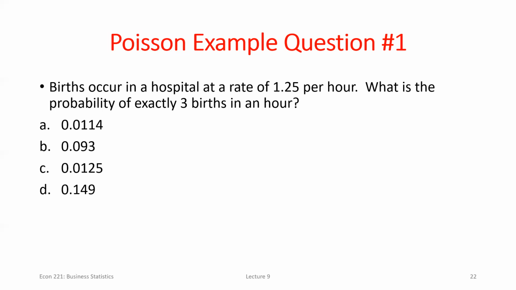So try to just get some of these principles, and I might do something like this in the exam. Let's say that was one of the possible answers up there. Why could I rule that out right away? So what's my mean here? 1.25. So what are the most likely outcomes? 1 and 2.